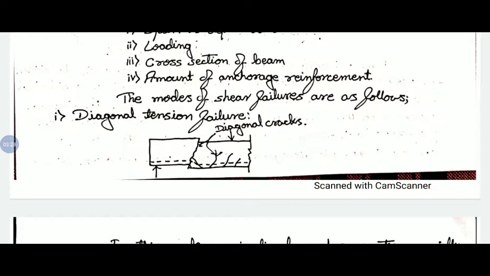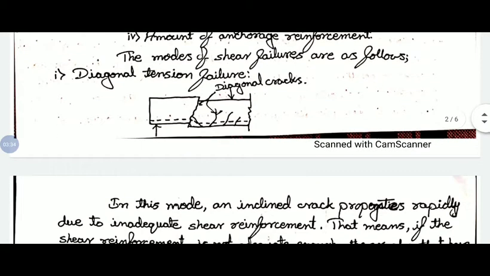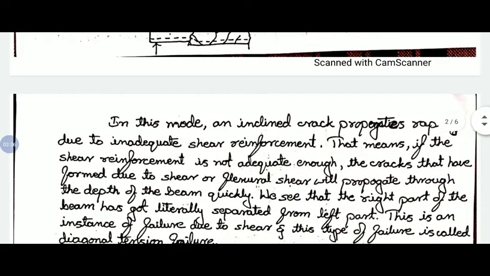occurs. So the cracks formed in the shear will penetrate through the depth of the beam quickly. So the warning will not be given with sufficient time. It will rapidly penetrate into the section of the beam along the depth of the beam.